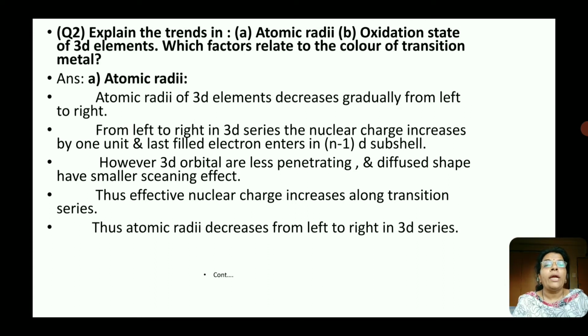From left to right in the 3d series, the nuclear charge increases by 1 unit and the last filled electron enters the n-1 d subshell. However, 3d orbitals are less penetrating and diffuse in shape, so they have a smaller screening effect. Thus, effective nuclear charge increases along the transition series. Thus, atomic radii decrease from left to right in the 3d series.